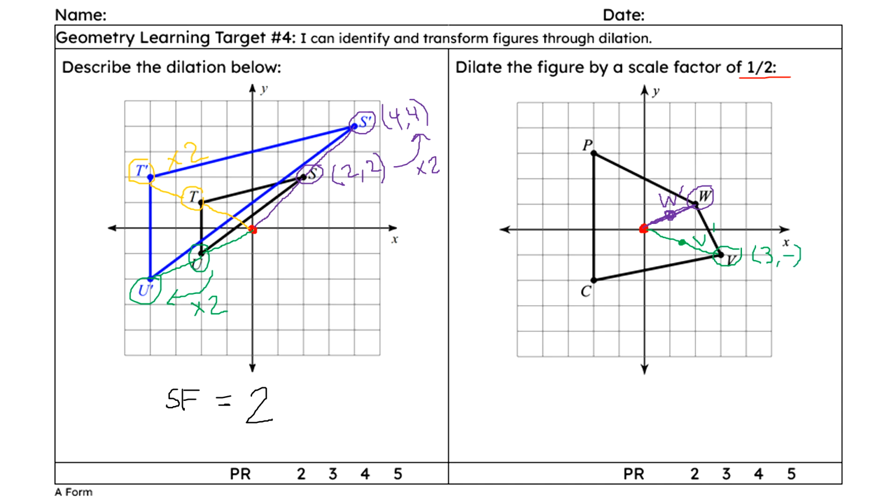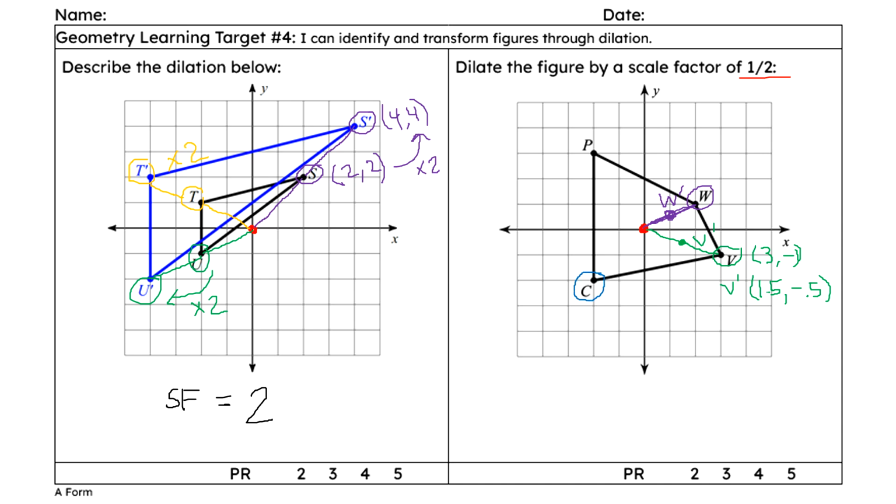So I'm going to divide all of this by 2, or cut it in half. So V prime should end up at, instead of 3, half of 3 is 1.5. And instead of -1, half of -1 is -0.5. You can double check to make sure that's where V prime actually landed, 1.5 and a half down. So that's correct.